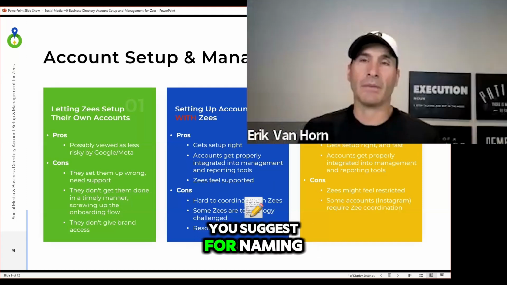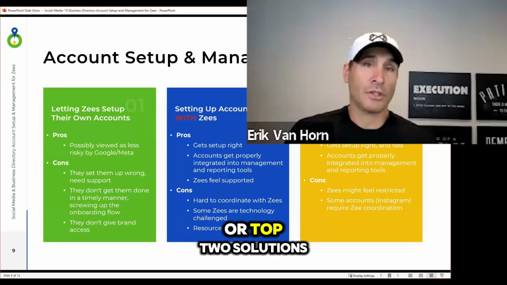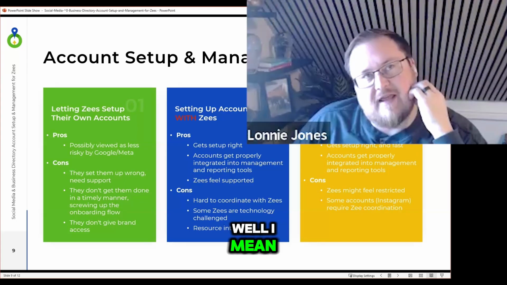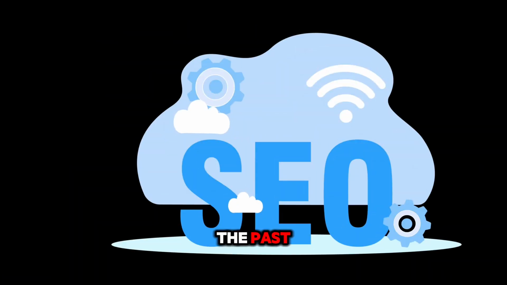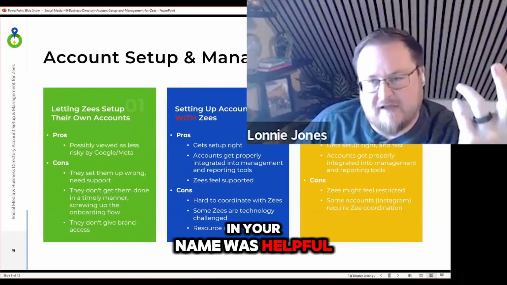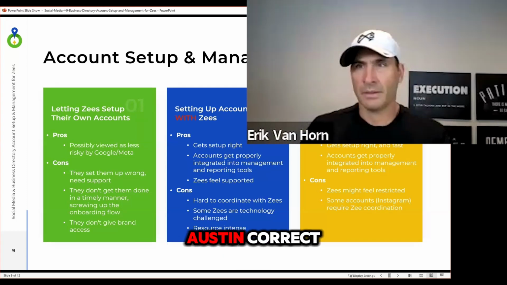What would you suggest as your top two solutions for naming? Well, naming in the past, and this is my SEO hat on, having the geographic city in your name was helpful for SEO. I would say if you're in Austin, it's Austin.